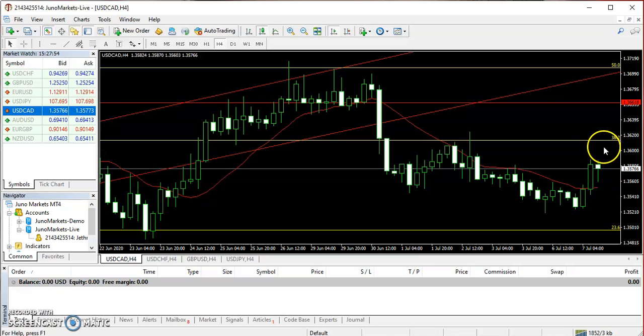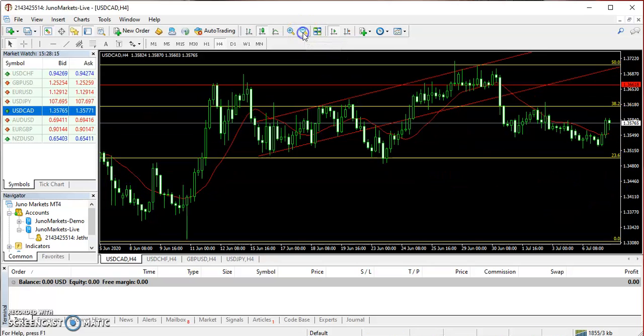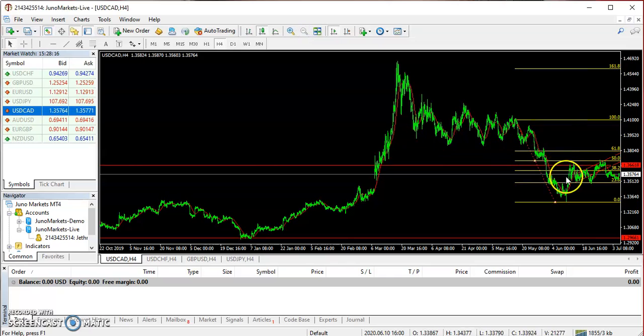So probably it's going to go up. We don't know. You can actually place a buy trade here, and then put your take profit here, or probably here. But so far the ranging is here.